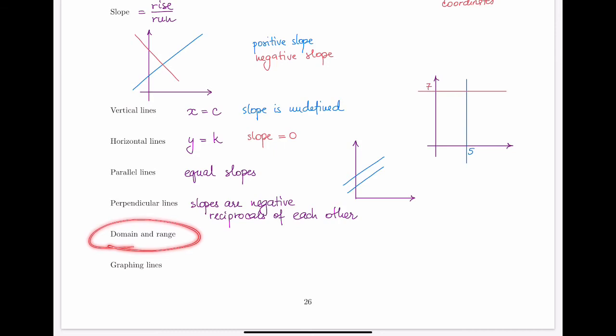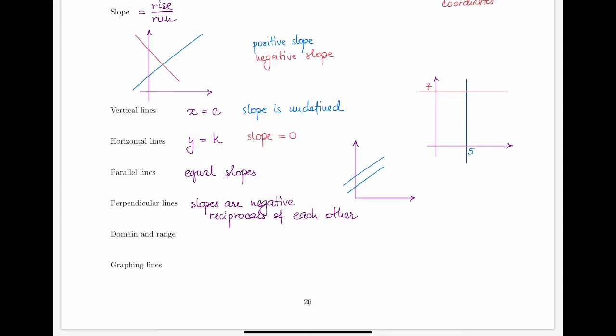If we think in terms of domain and range, we have to separate vertical and horizontal lines from all the other sloped lines. If I have a sloped line, then I can see that the domain and the range will be all real numbers, as this line will continue along all of the possible x's and along all of the possible y's. Whereas if I have a vertical or a horizontal line, then I will have constraints on my x and y values.